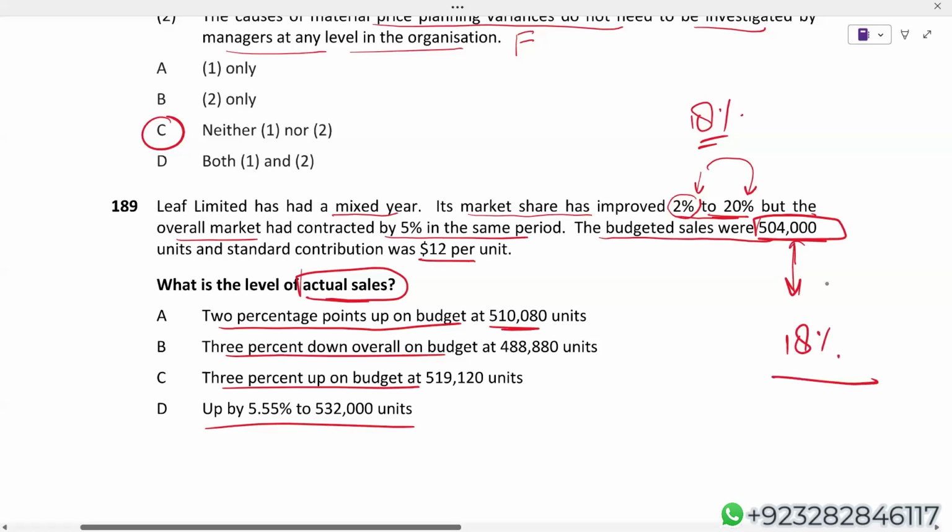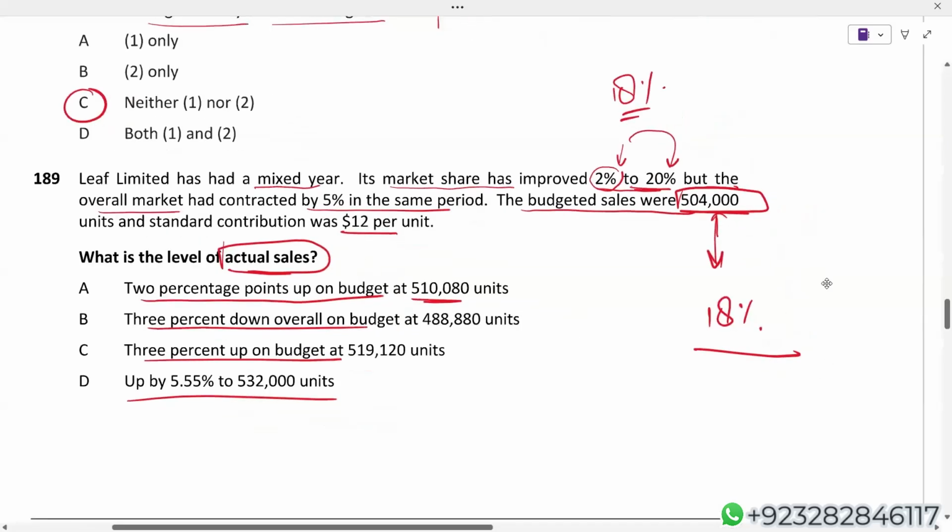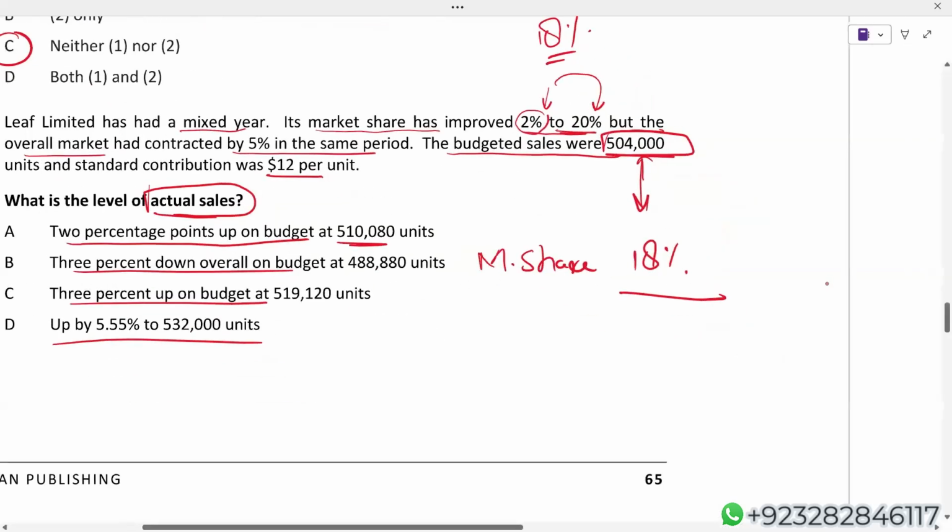First of all, logically, 5,04,000 units represent market share of 18%. If market share 18% represents 5,04,000 units, so what is the market size originally?